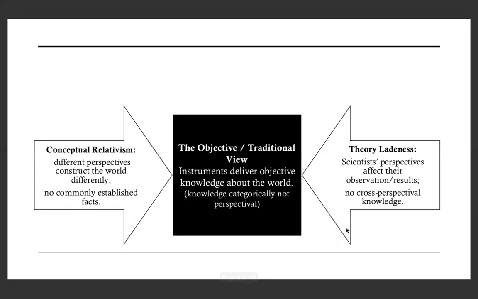I take it that the objective or traditional view of scientific instruments is that they deliver knowledge about the world, and that this kind of knowledge is categorically not perspectival. Perhaps not as strong as the absolutist view that Martin was talking about, but certainly a strong view about the kind of knowledge that we get from instruments and experimentation.